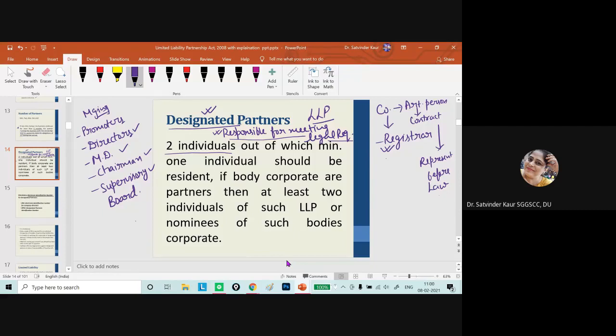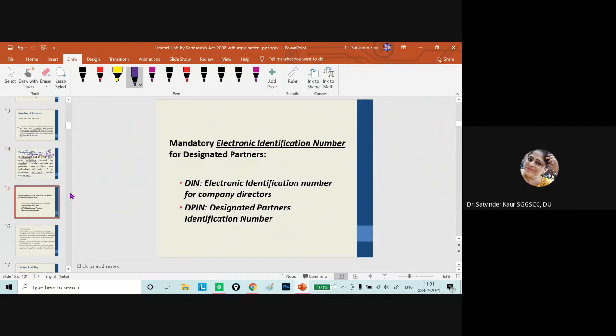So in this particular situation, we say that two individuals, out of which minimum one individual should be resident in India, and if two bodies corporate are partners, then at least two individuals of such LLP or nominees of such bodies corporate should be considered as the designated partner. So designated partners should be there, and one partner should be resident in India if they are individuals.